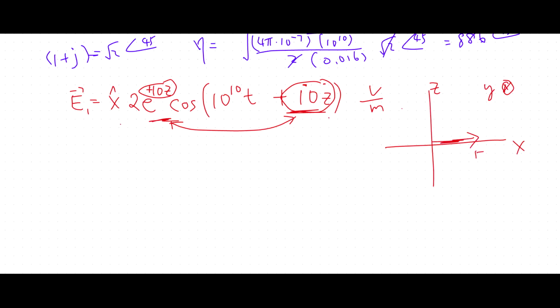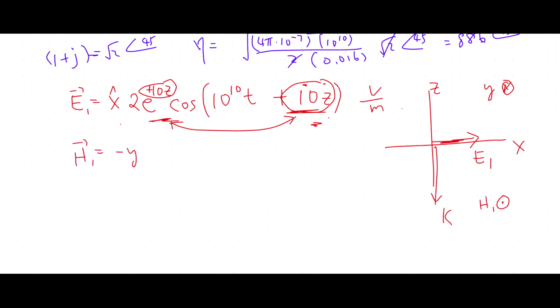My K is minus Z direction, which is going down. Where is my H1? Out? So H1 is out. So that means it's minus Y hat, right? So H1 is minus Y hat.